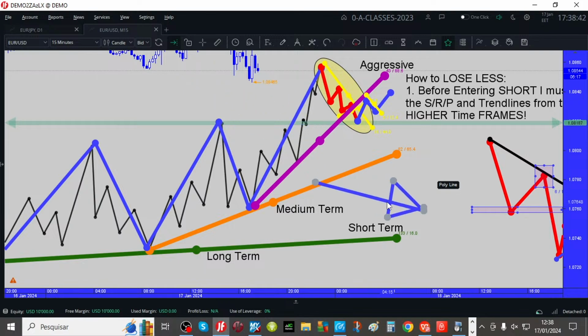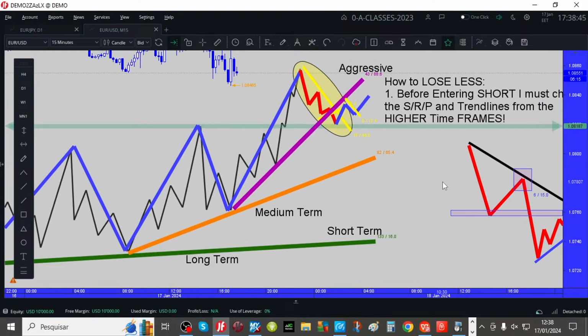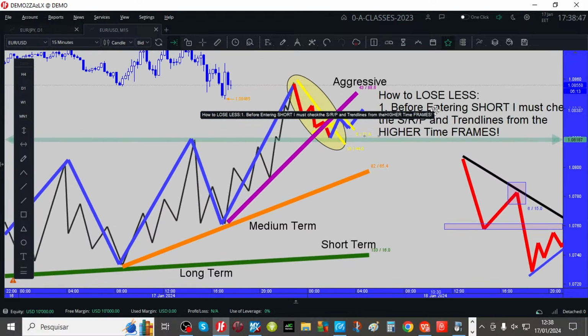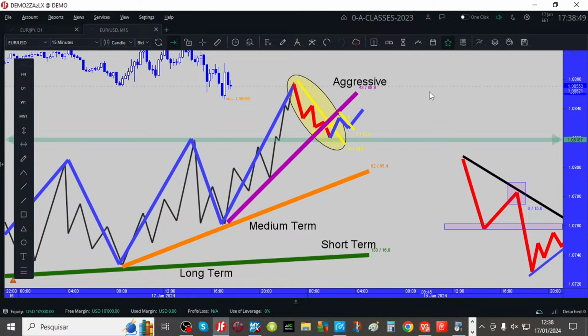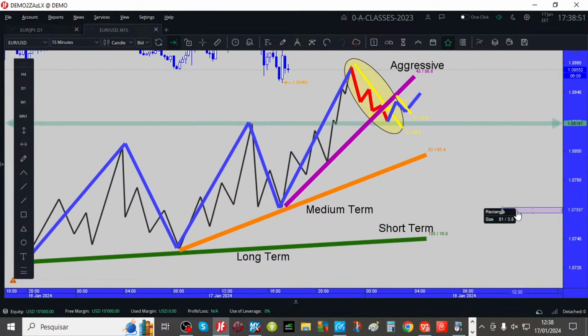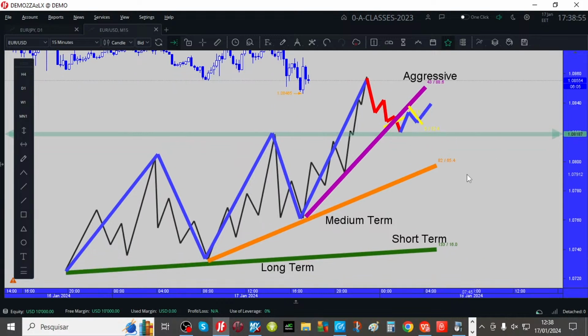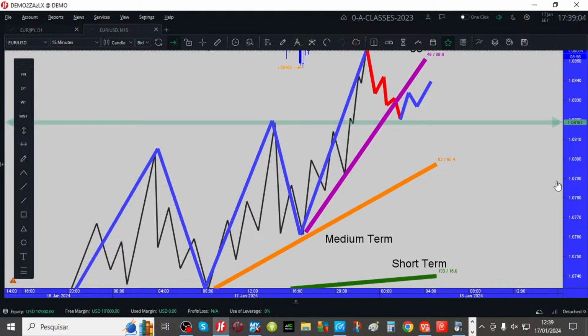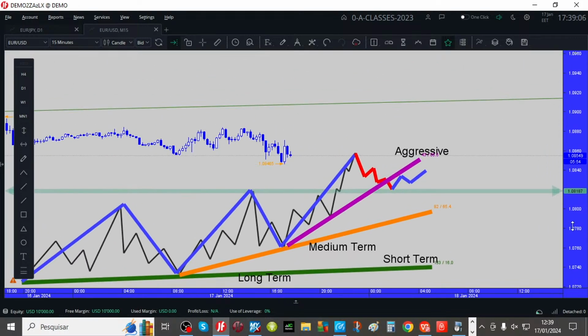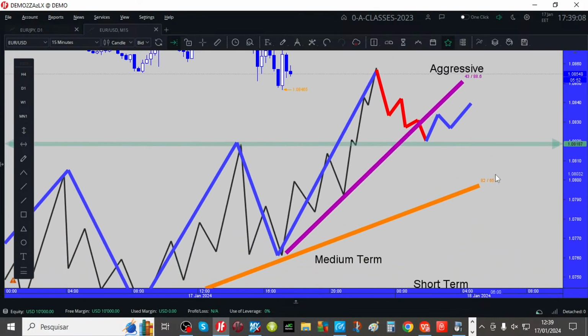So now if we understand what we are doing, let's say that I want to buy. Alright, now if I have a change in the short-term trend, listen up, this is very important.